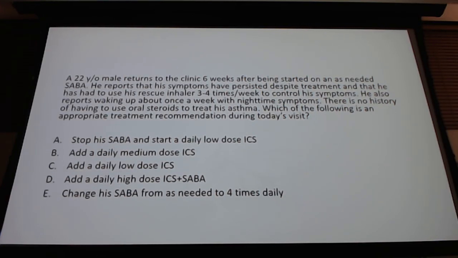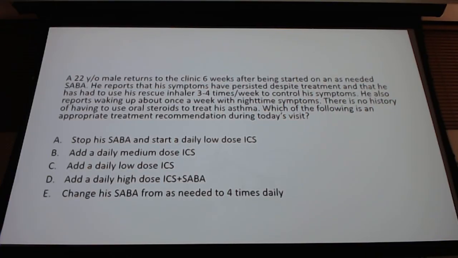22-year-old male returns to the clinic 6 weeks after being started on as-needed SABA. He reports that his symptoms have persisted despite treatment and that he has used his rescue inhaler 3 to 4 times a week to control his symptoms. He also reports waking up about once a week with nighttime symptoms. There is no history of having used oral steroids. So just looking at those examples, we never want to stop the SABA, right?